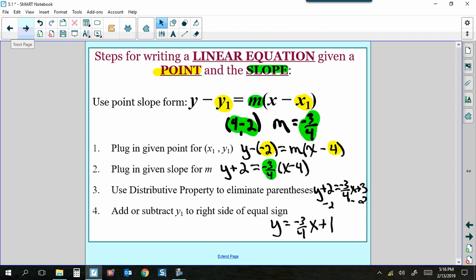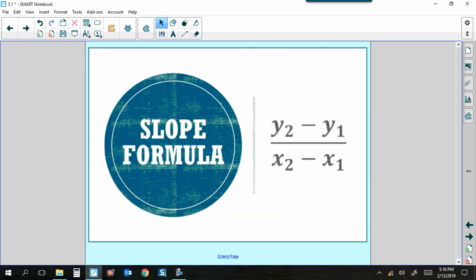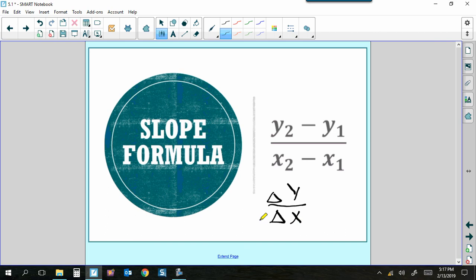If we don't give you the actual answer for slope, here is your slope formula that you can go ahead and fill in. You need to know 2 points, and it's going to be the difference of y2 and y1 over x2 minus x1. You can see this written a couple of different ways. You could also see this as delta y over delta x, for change in y over change in x, which is what that means.